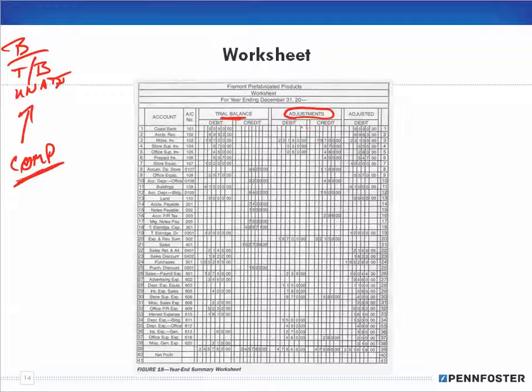But what I want you to realize is that these are correcting and adjusting entries. They're done on this worksheet, and the accountant gives the bookkeeper the entries for the bookkeeper to enter into the computer.